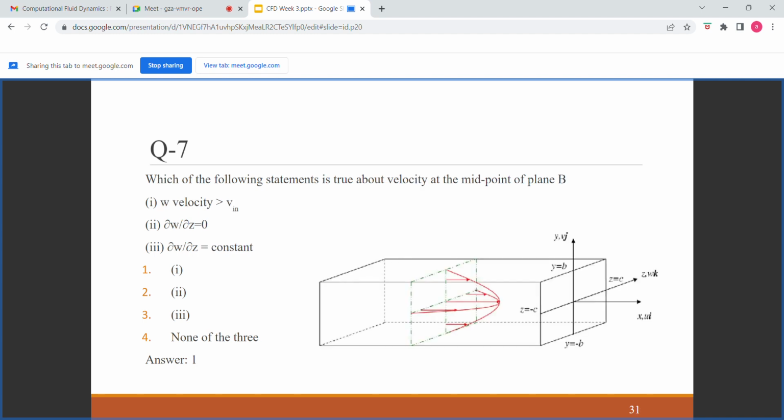In question 7, it was asked which of the following statements is true about velocity at the midpoint of plane B. Plane B is towards the center, that is 0.5 times the length. So the velocity at the midpoint would be higher than the velocity at the inlet, but the velocity gradient would not be 0, or constant. So option 1 is the correct answer.